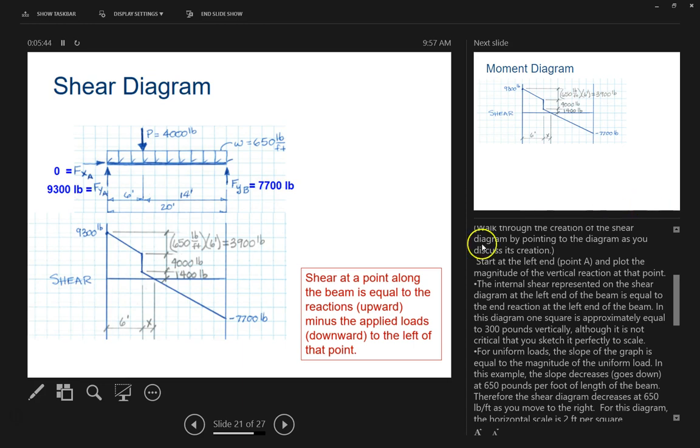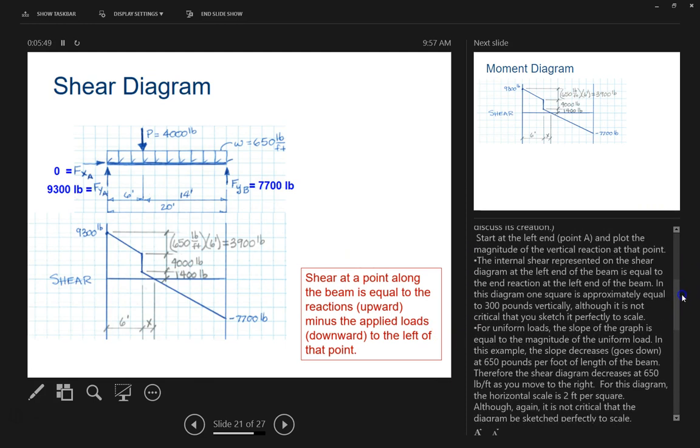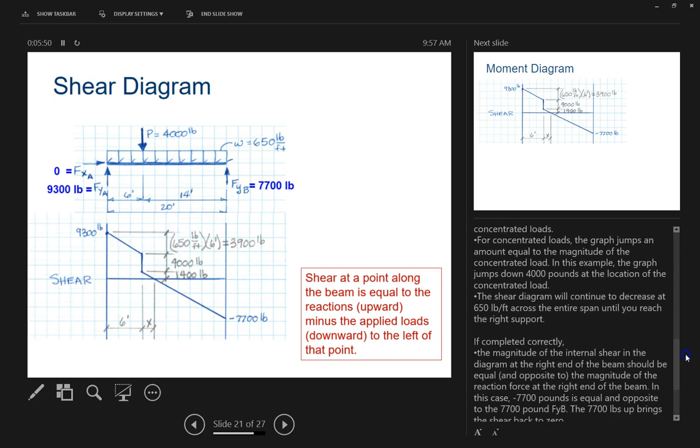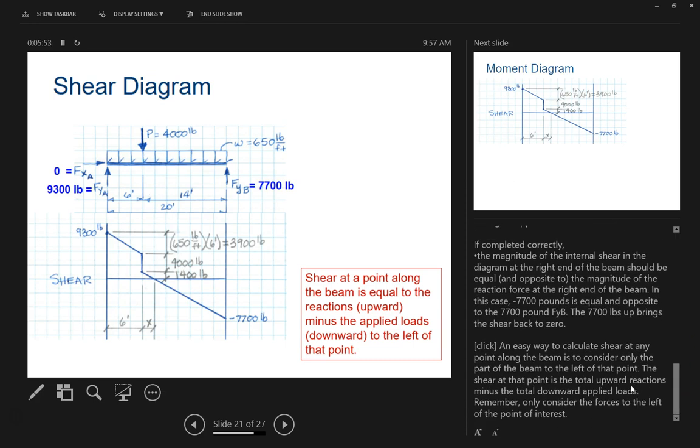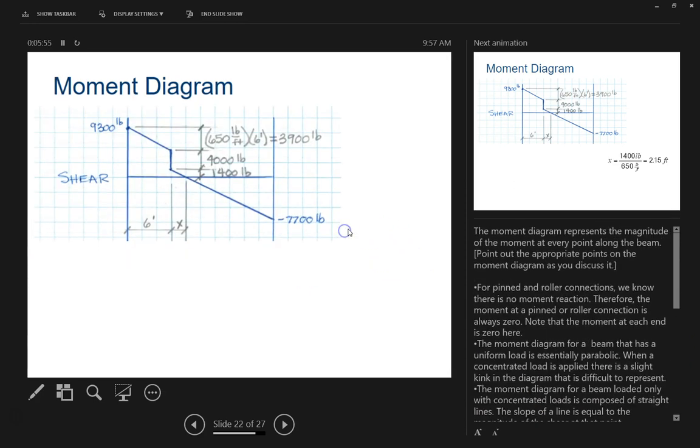Okay, so we're going to follow, let me look here. So what we're going to do is draw this moment diagram based off of what we actually see for the shear diagram up here. The moment diagram is going to be like a parabola looking thing, kind of a curved top.